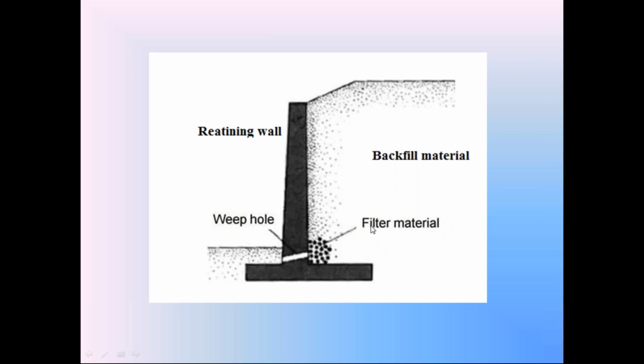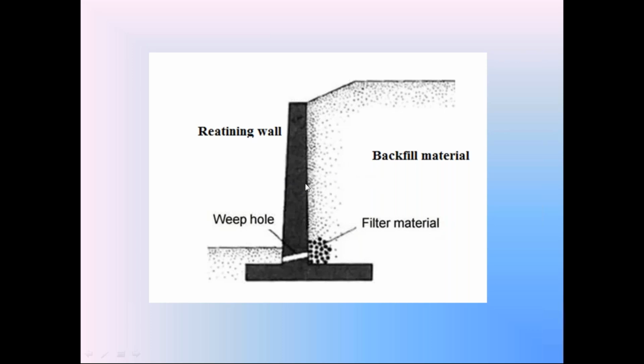But this backside soil is of large height, so it applies large horizontal earth pressure on the retaining wall compared to the front side. Because of that large horizontal earth pressure on the back side, the retaining wall may have a small horizontal movement in the left side direction.